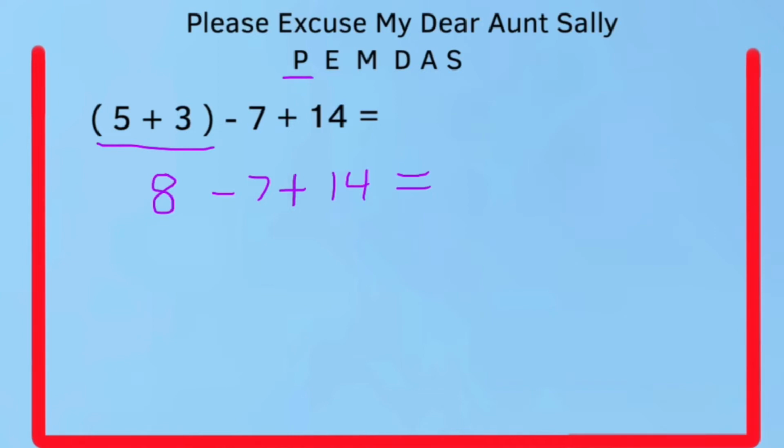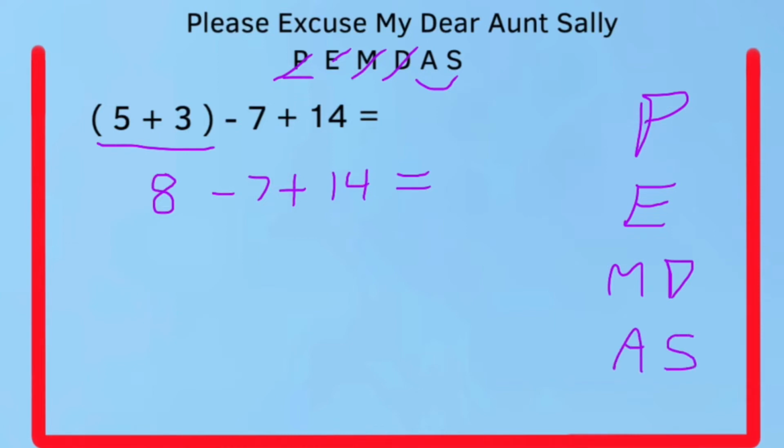Well, let's see. We took care of the parentheses. There aren't any exponents. There's no multiplication, no division. So I have addition and subtraction. And remember, P, E, M, D, A, S. Okay? And they're in sections. So I do each section.